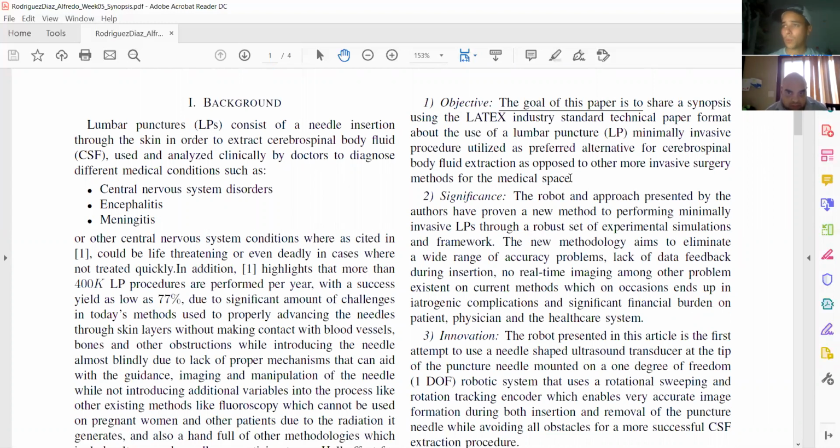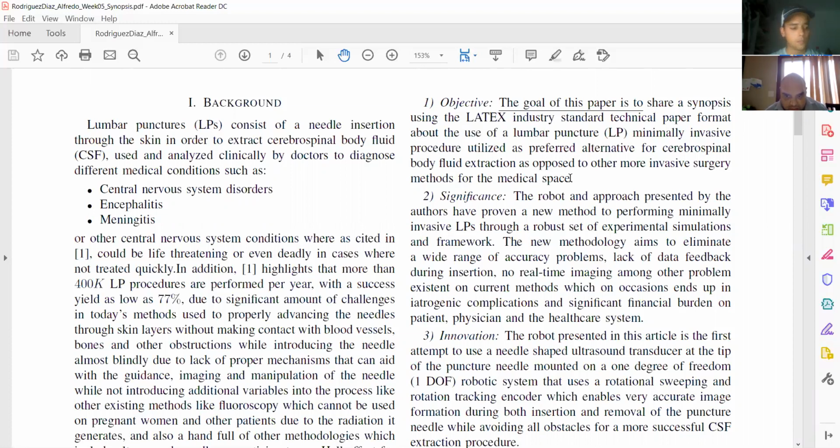Based on what we could find throughout the entire paper as to what makes it significant in regards to the invention, they have proven a new method of doing minimally invasive lumbar puncture through simulation, and a new framework which replaces previous manual frameworks used today.